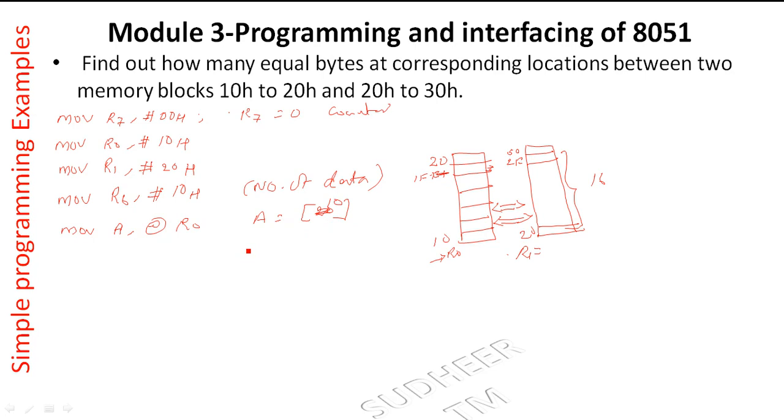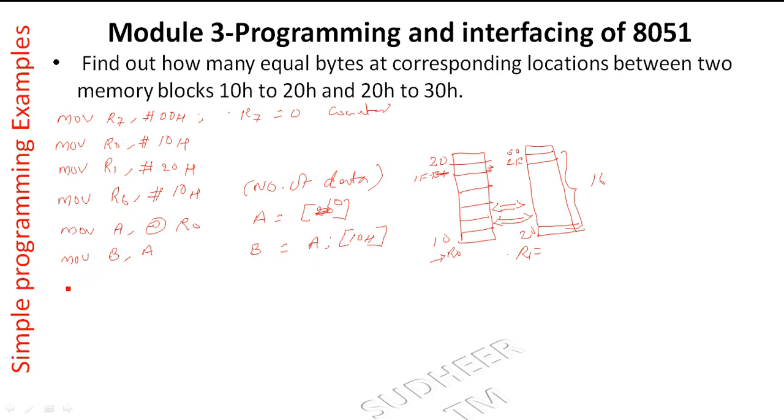So let us take the content of the present accumulator to, say, register B. So MOV B, A. B is now equal to A, which is the content of 10H, because indirect addressing is allowed with the accumulator only. That's why we have used B here.